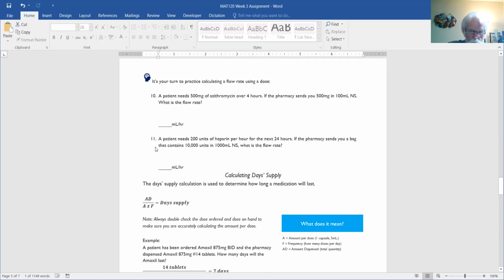So let's go down here, 200 units of heparin per hour for 24 hours. Okay? So we have 200 units per hour.